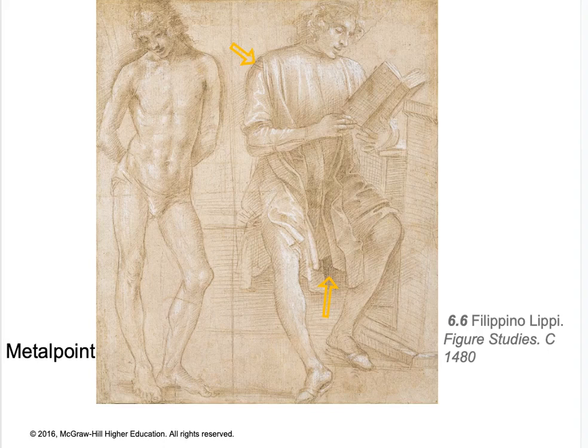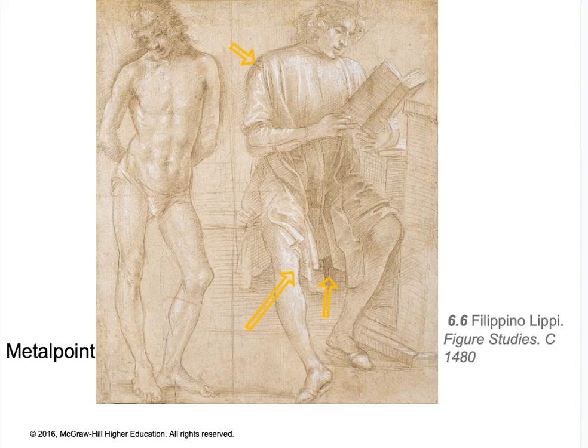These places here that are really white, where he brings out the highlight, I believe he has gone back and added some white chalk on top of that. I believe that's right, to create those highlights. But the cool thing about metal point, the thing that's appealing to artists, and looking at this flat drawing on your screen is definitely not doing it justice: if you were to look at this in real life, it would have an iridescent, metallic, silvery look to it.